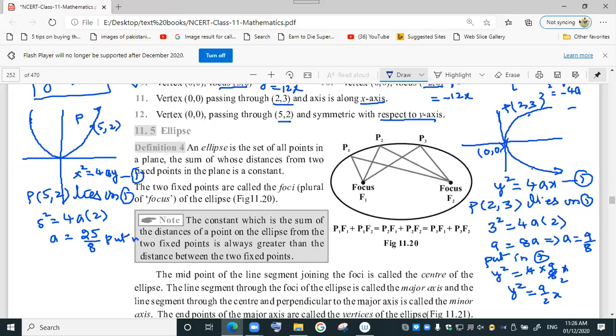The required equation of the parabola: put in equation one, we get x square is equal to 4 into 25 by 8 y. So 4 over 8, x square is equal to 25 by 2 y.